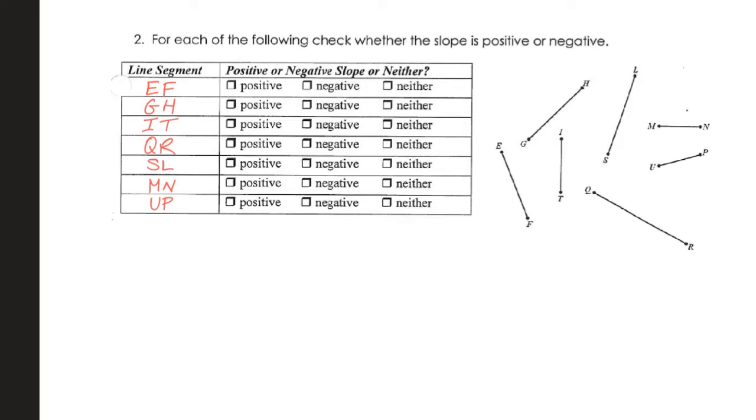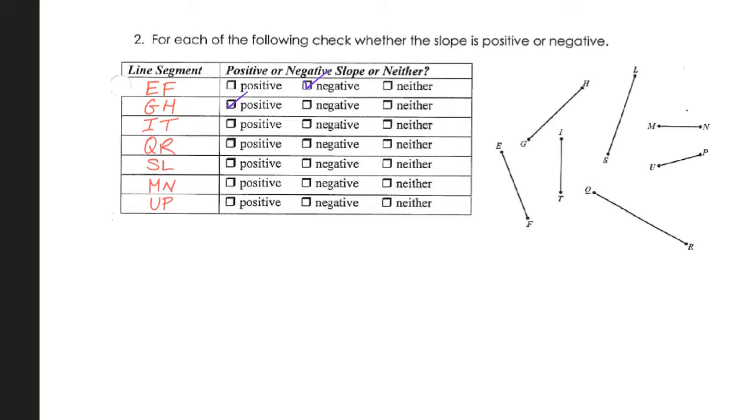Okay, we're back. So let's take a peek pretty quick. Line segment EF, hopefully we found, was negative, because as I move left to right, it is falling. Line segment GH is positive because it is rising left to right.